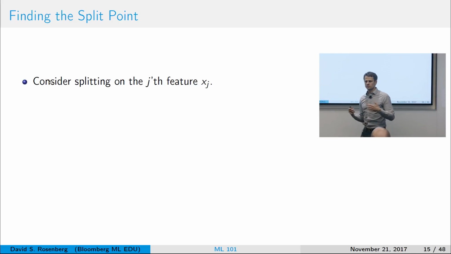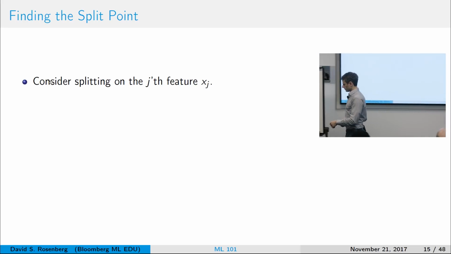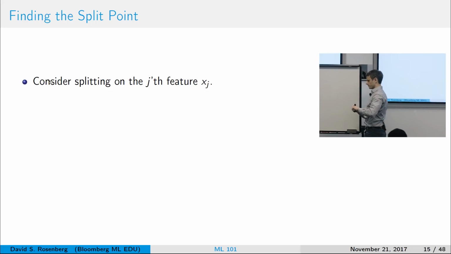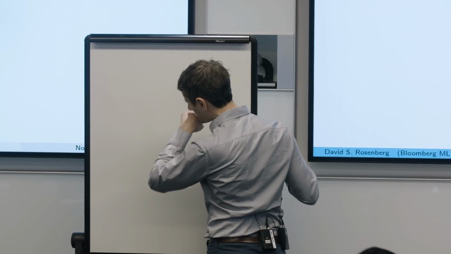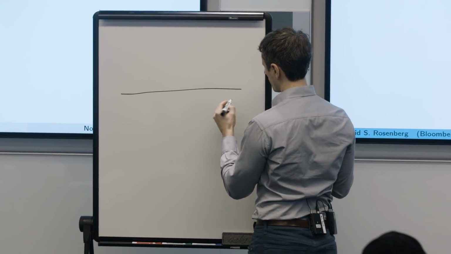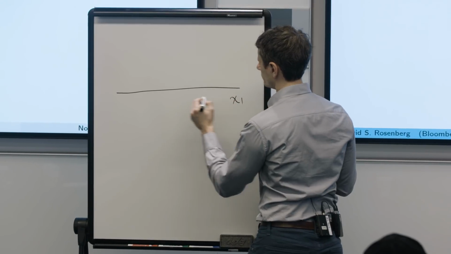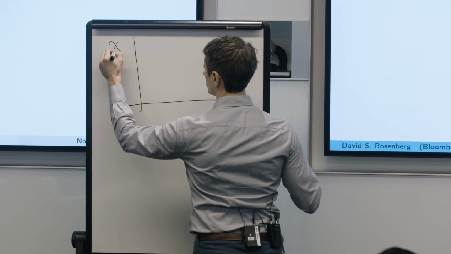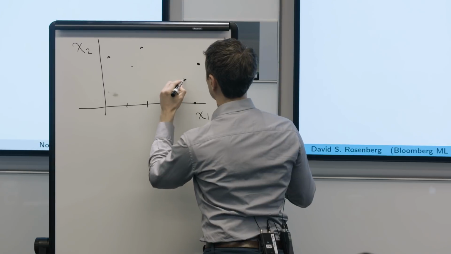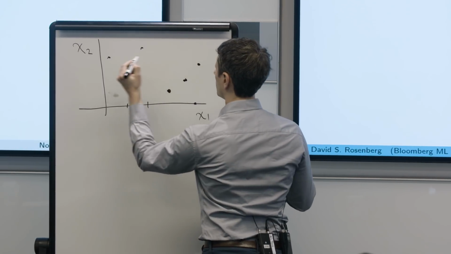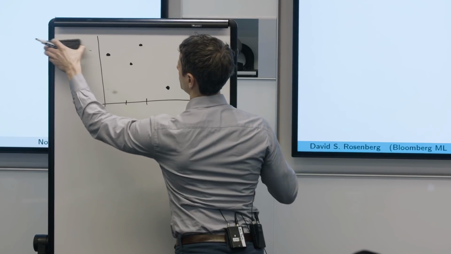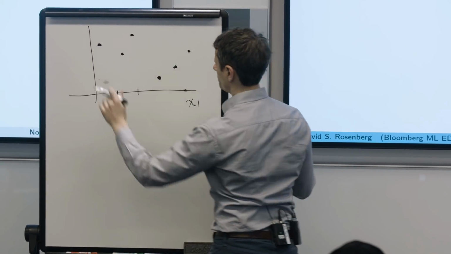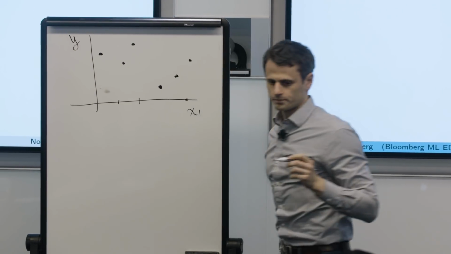All right, so let's consider splitting on the jth feature. Let's draw some pictures here. Let's make this really easy, and suppose we only have one feature, for starters.